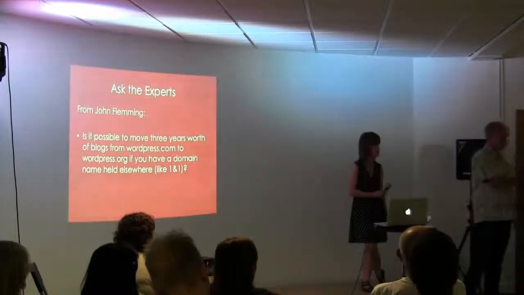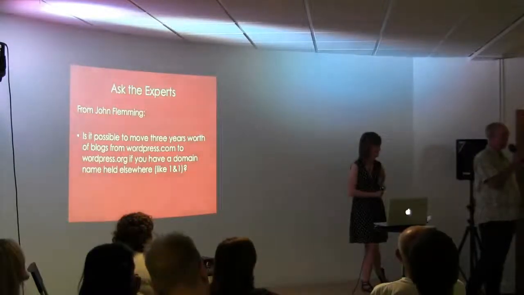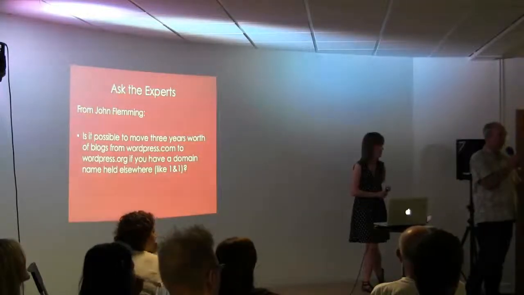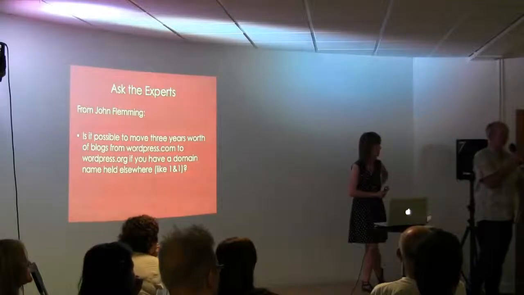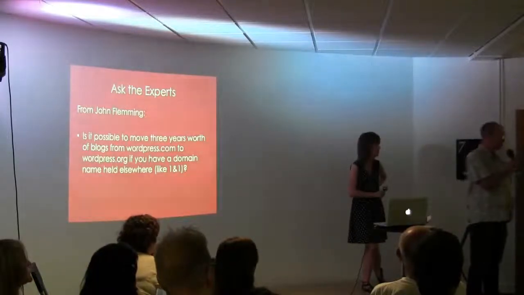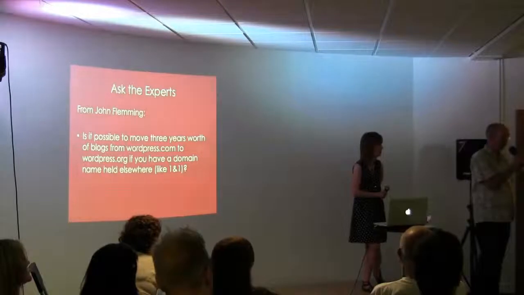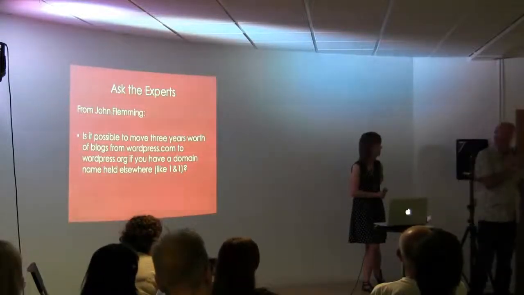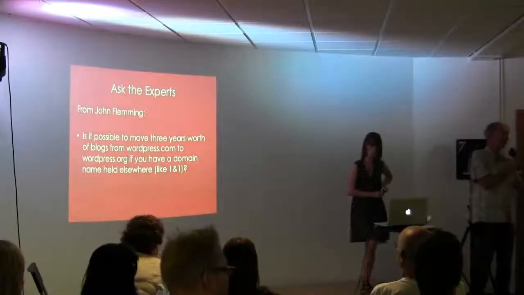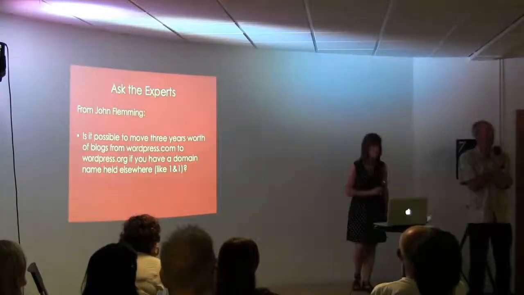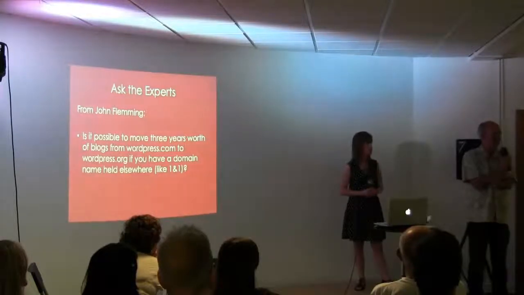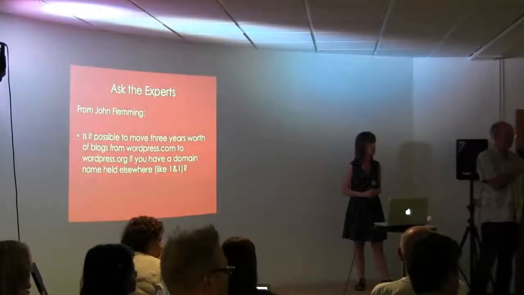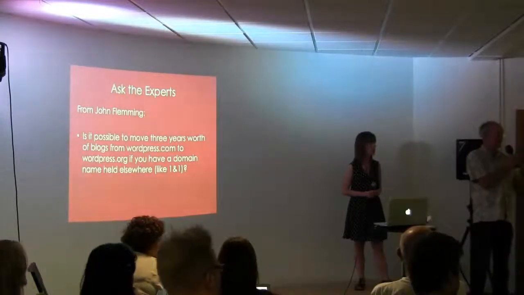Hang on a second though, if you've got a WordPress.com set up that's your own domain name, so it's not john.wordpress.com, yeah, right. So I think the first step you will have to do is the export, because your current URL for your website is johnfleming.co.uk or something like that, right? And your new website you want to be johnfleming.co.uk. Is that correct? It's actually a subdomain, it's blog.com. Okay, right.